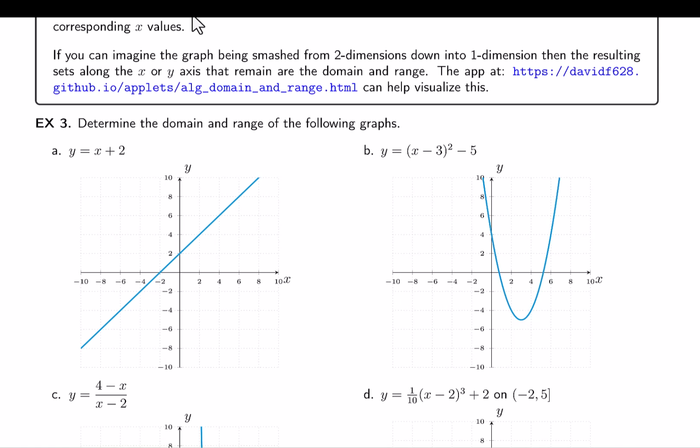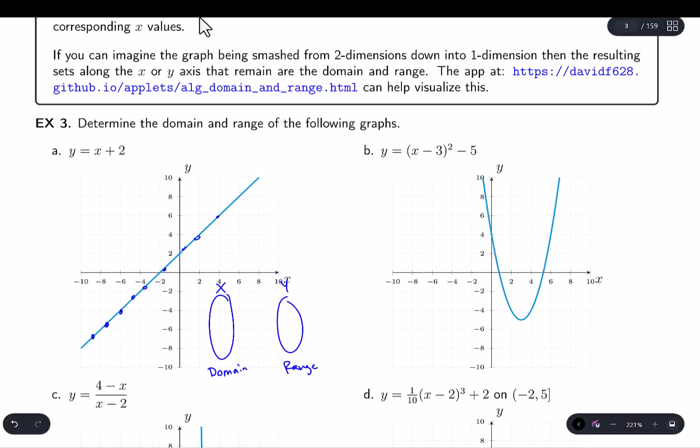So the domain. If I were to try and make bubble charts here, I would be trying to identify all the different x values that have some corresponding y value over here in the range. So if I'm looking at all the coordinates that make up this graph, I'm trying to make pretty much a list of those.